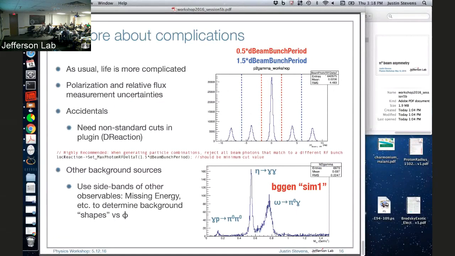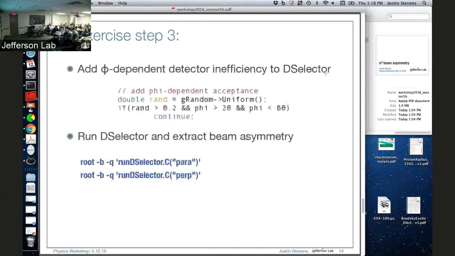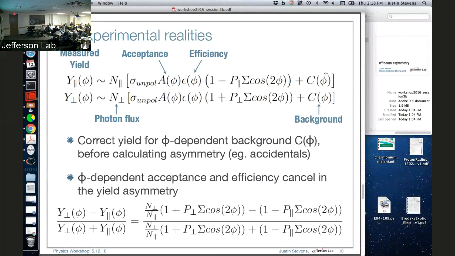And so Sean was mentioning how you might do this in data, but you might look at things like the missing energy or the delta phi between the proton and the pi0 and look at some sideband there to be able to extract what the phi dependence is and determine a shape of the background in phi to remove that contribution to the polarized yield, which comes through in these extra background components that would be added to your distributions.